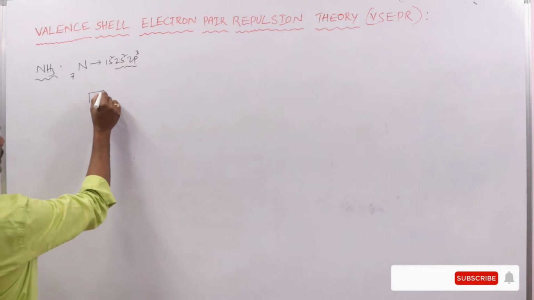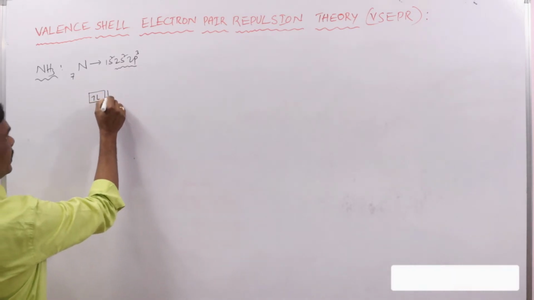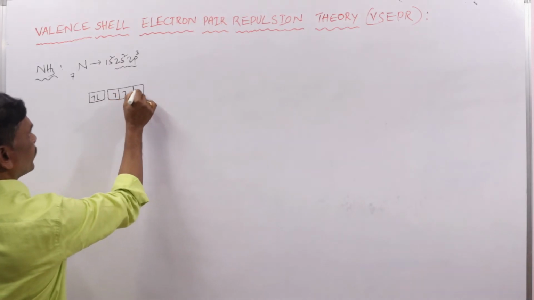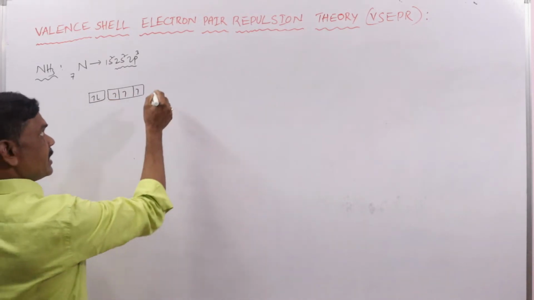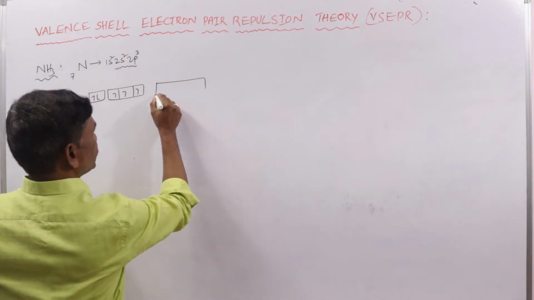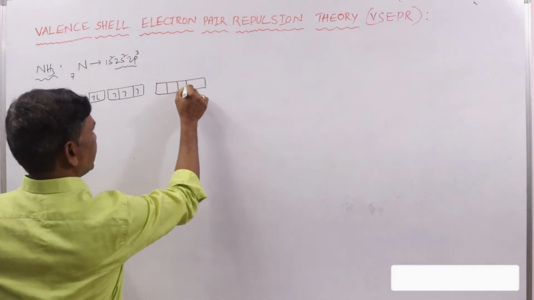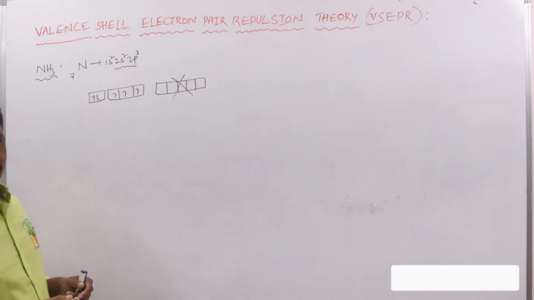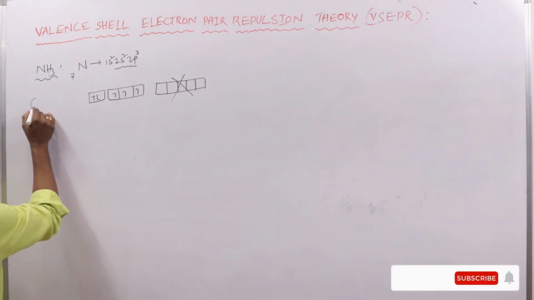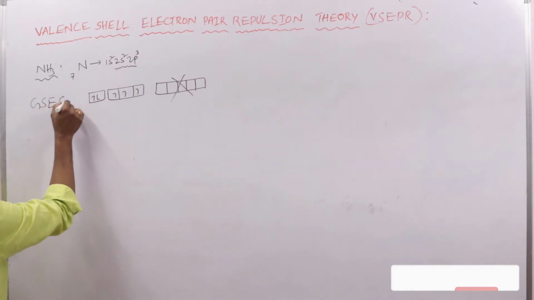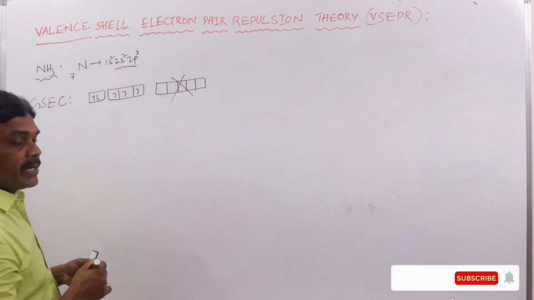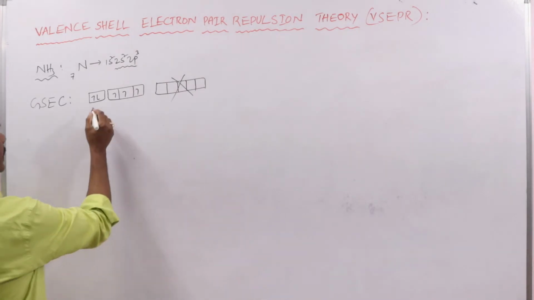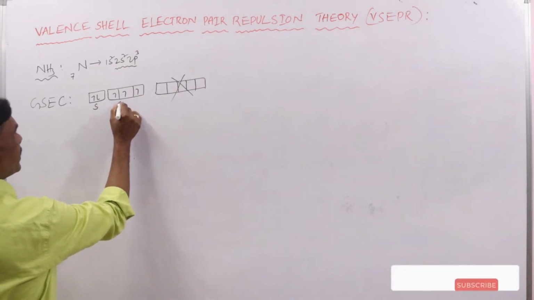In the second energy level, there is no d orbital availability. This is also known as the ground state electronic configuration. This is the s orbital, and these are p orbitals.